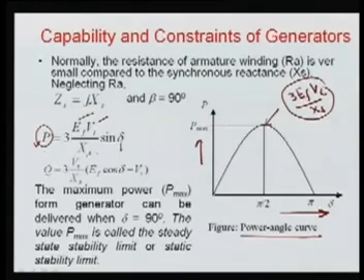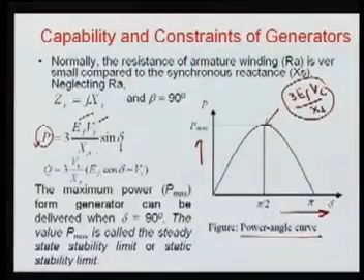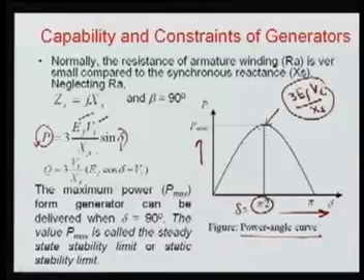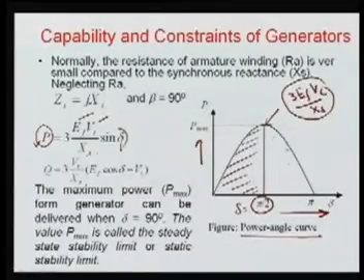So this is another limit on this generator, meaning the generator cannot produce power in steady state more than this value, because the maximum value of sin delta is unity, and this happens only when delta is equal to pi by 2. From this diagram we have two sides, one side of delta equal to pi by 2, and the other side.